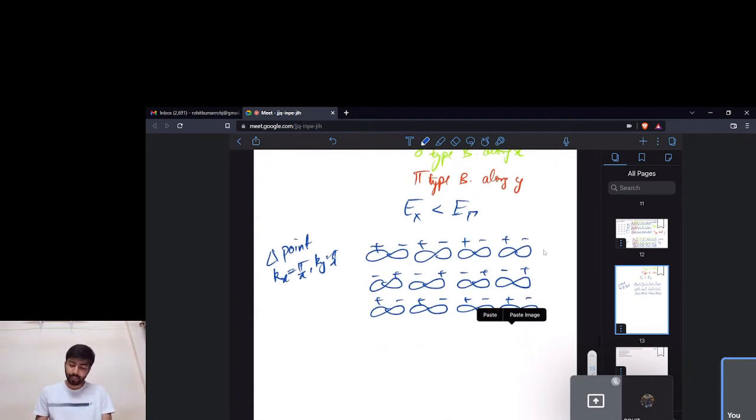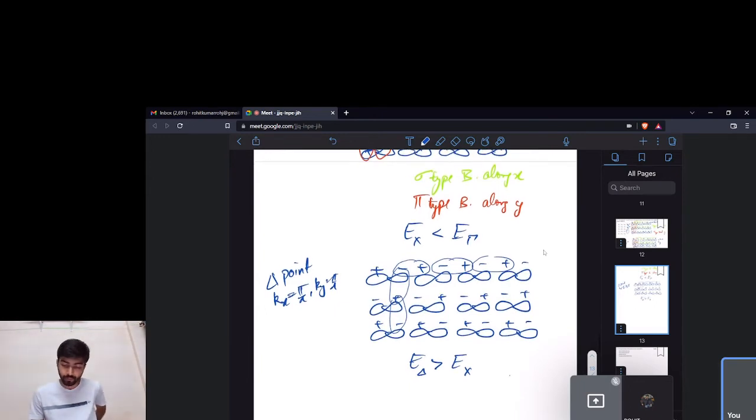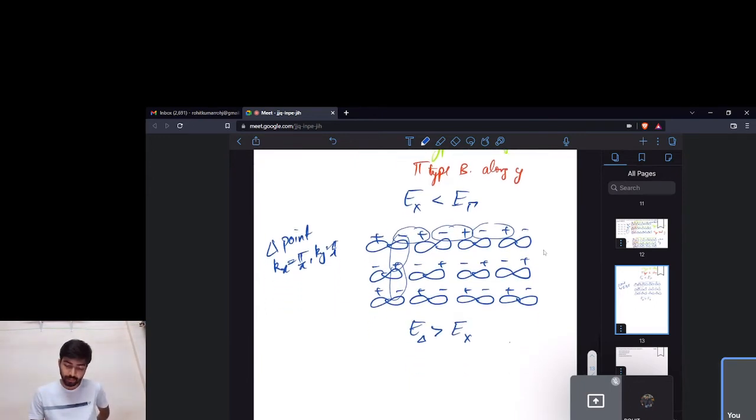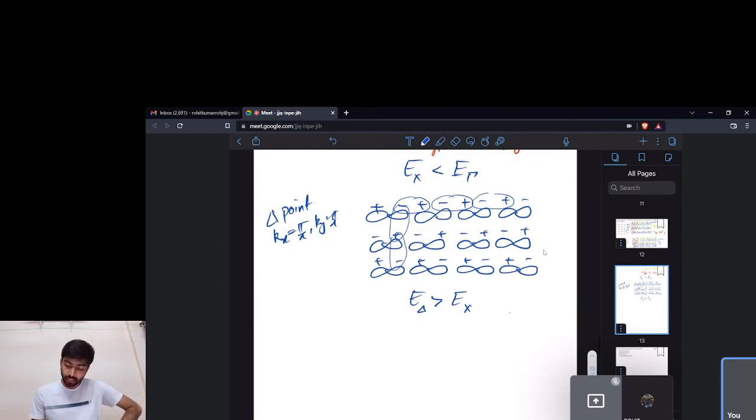So at delta point we have anti-bonding along x and also anti-bonding along y. So delta point energy would be greater than E_X because now we have both kinds of anti-bonding interactions, right? And E_X would be greater than E gamma.